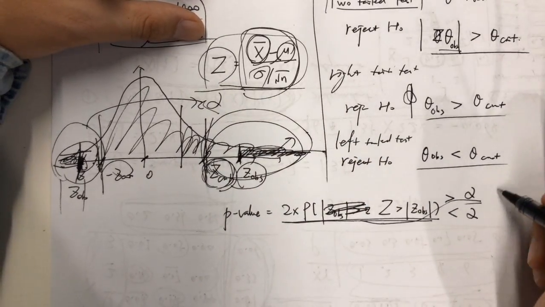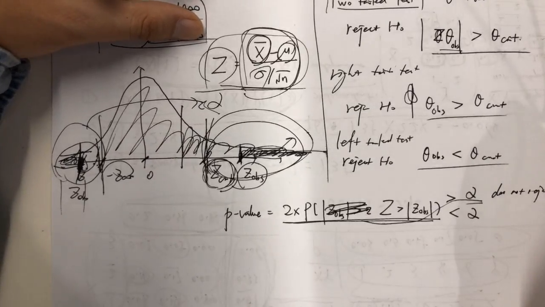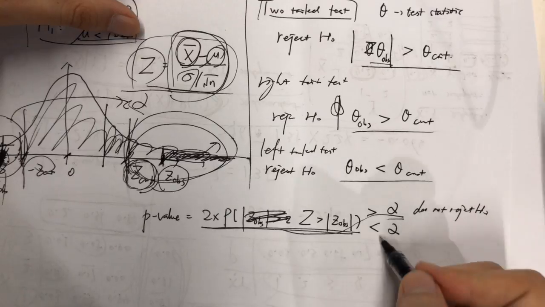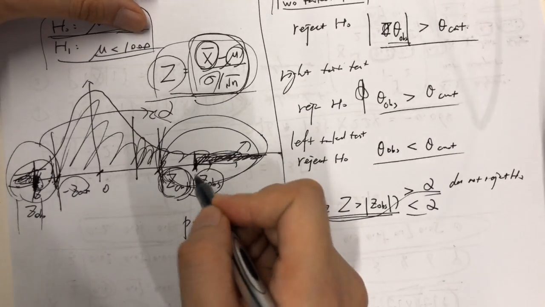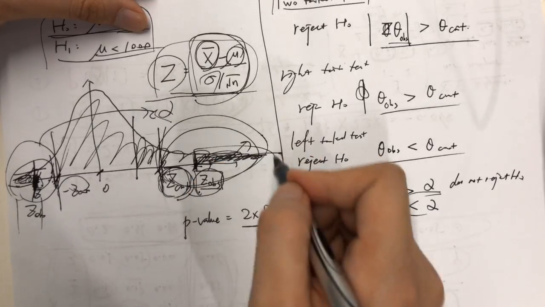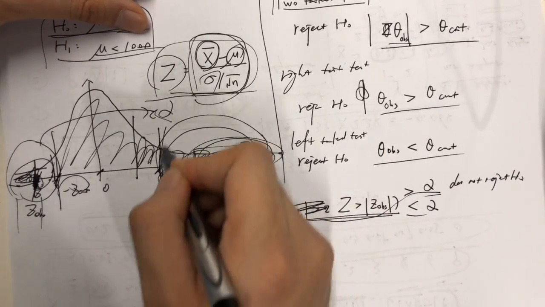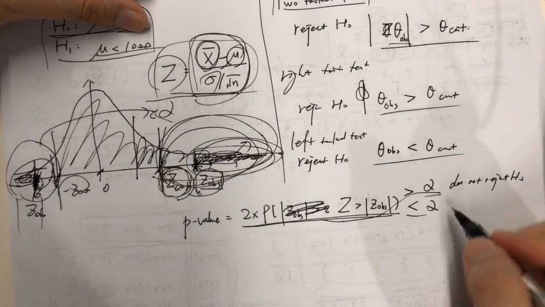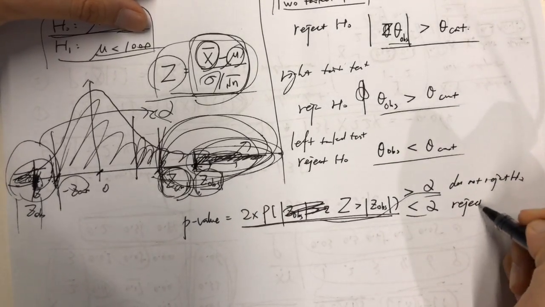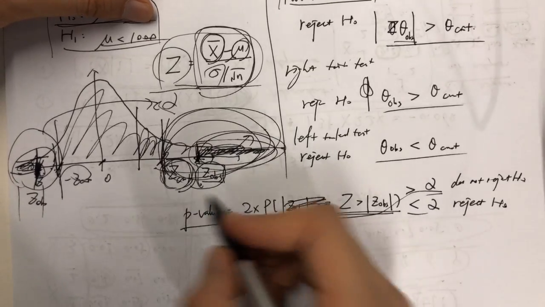So we do not reject the null hypothesis. And if it is less than alpha, this means we are observing a z observed value inside the rejection region, because this probability is much less than this probability, right? So we reject the null hypothesis. So this is for the two-tailed p-value, okay?